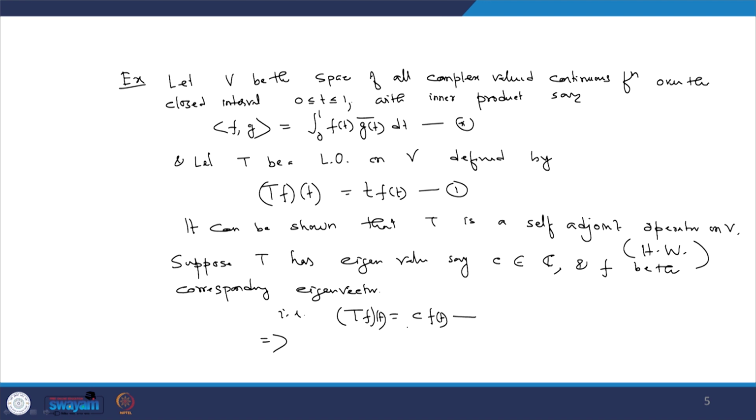So, this is my linear operator. So, 1 and 2 imply C into f of t equal to t into f of t. This implies C minus t into f of t equal to 0. So, this implies f of t equal to 0 for t not equal to C, but f is continuous.